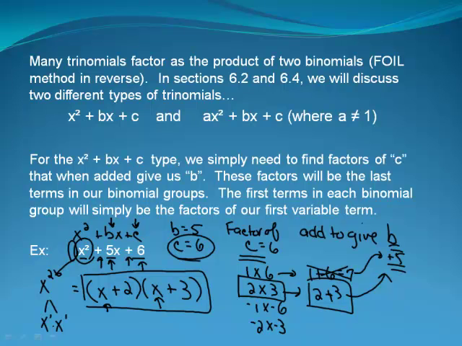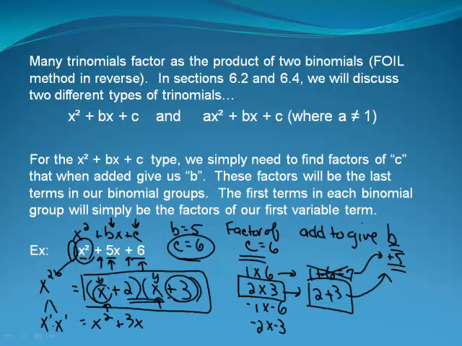You can check that if you want by FOILing it out or using the distributive property, or one of the other methods we talked about in a previous module. If you FOIL that out, F stands for first: the first two multiplied together, so x times x is x squared. Outer product is x times plus 3, which is plus 3x.